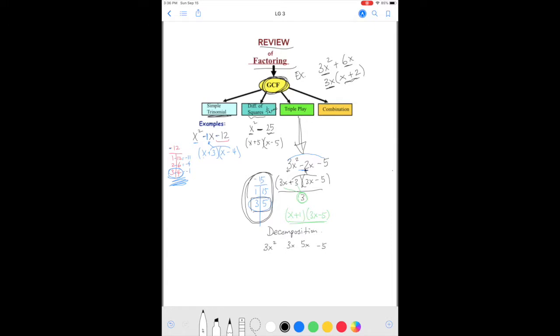And the signs are going to be plus and minus, because remember the middle term right here is minus 2x. These two right here have to get us that guy. And I know it does. Okay, so those two add up to that.